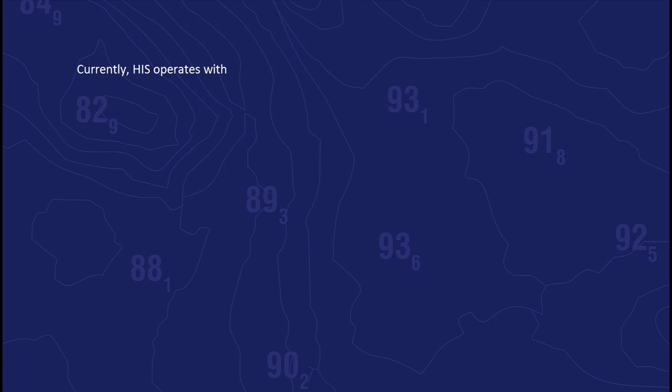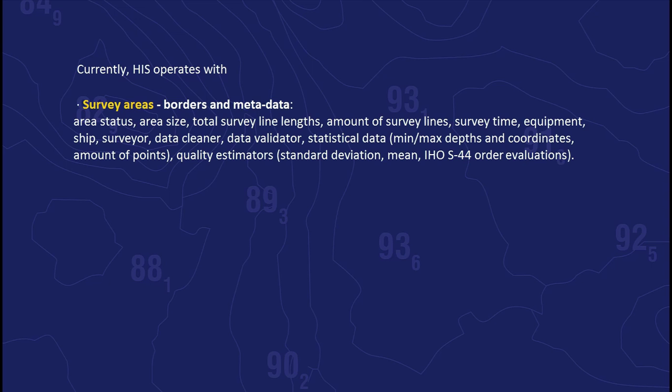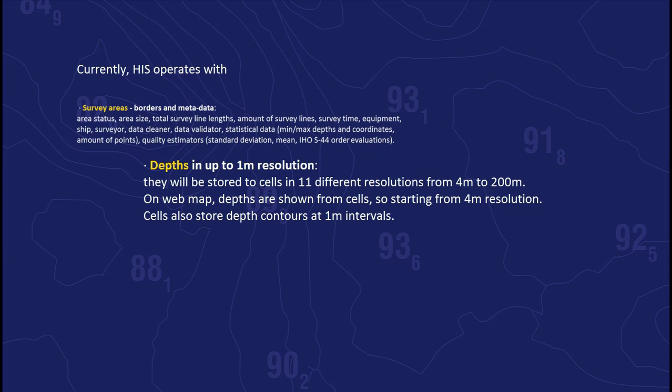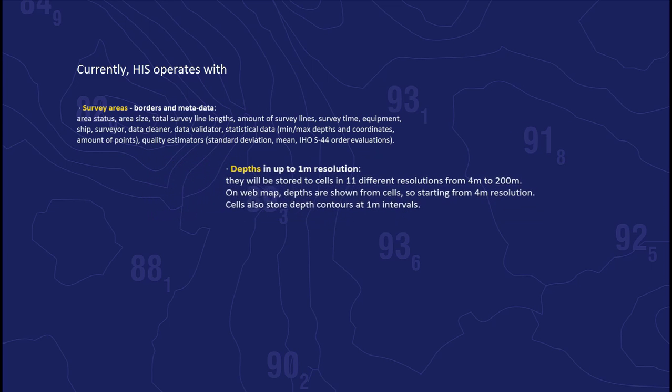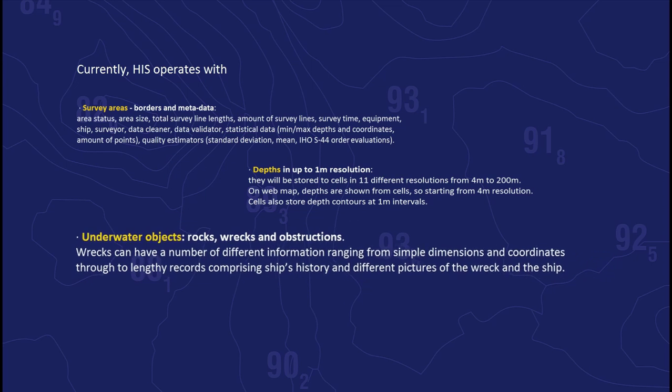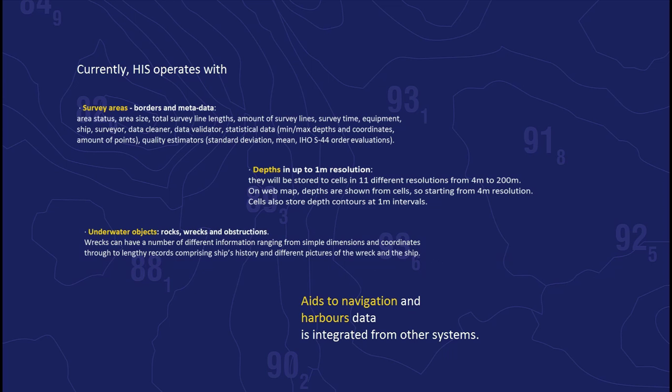Currently, HIS operates with survey areas, borders and metadata, depths, underwater objects, rocks, wrecks and obstructions. Aids to navigation and harbors data is integrated from other systems.